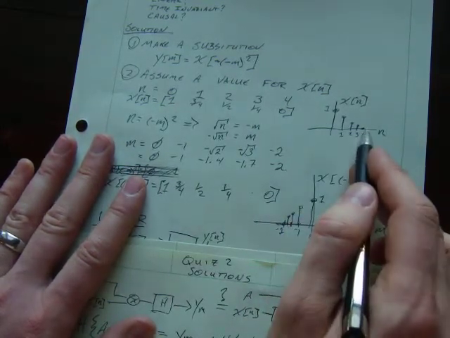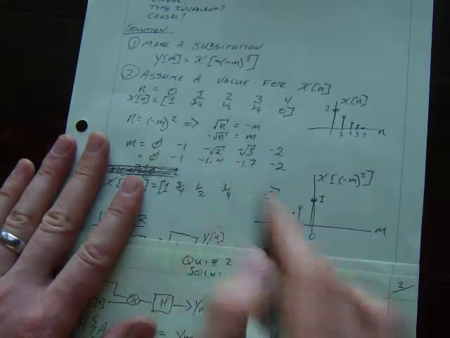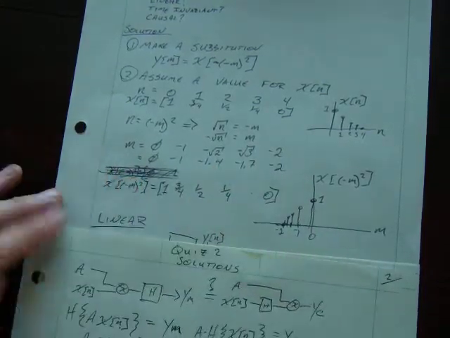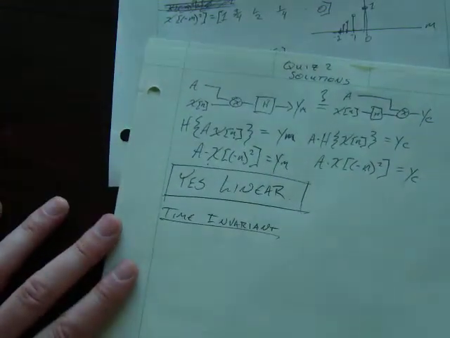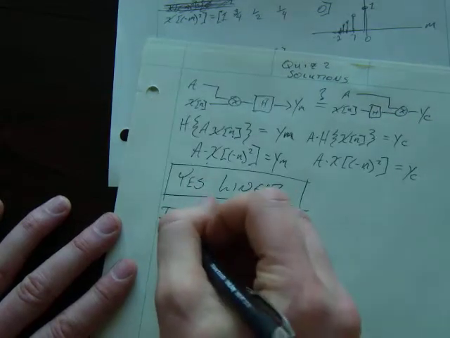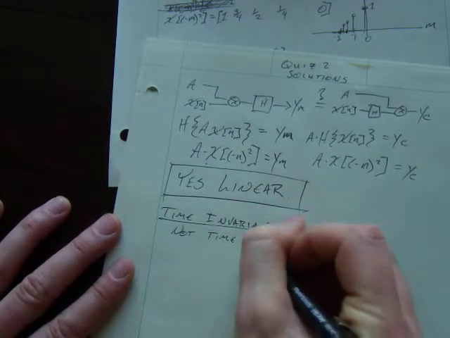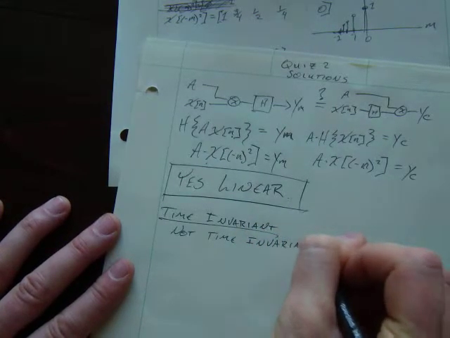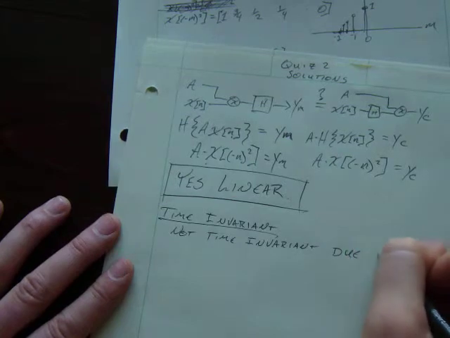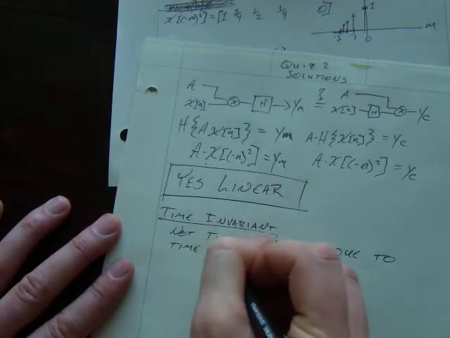This graph is a linear output, and this has an exponential scaling, or a square root scaling, and so it is not time invariant. So I'm just going to write this as an explanation. It is not time invariant due to time scaling.